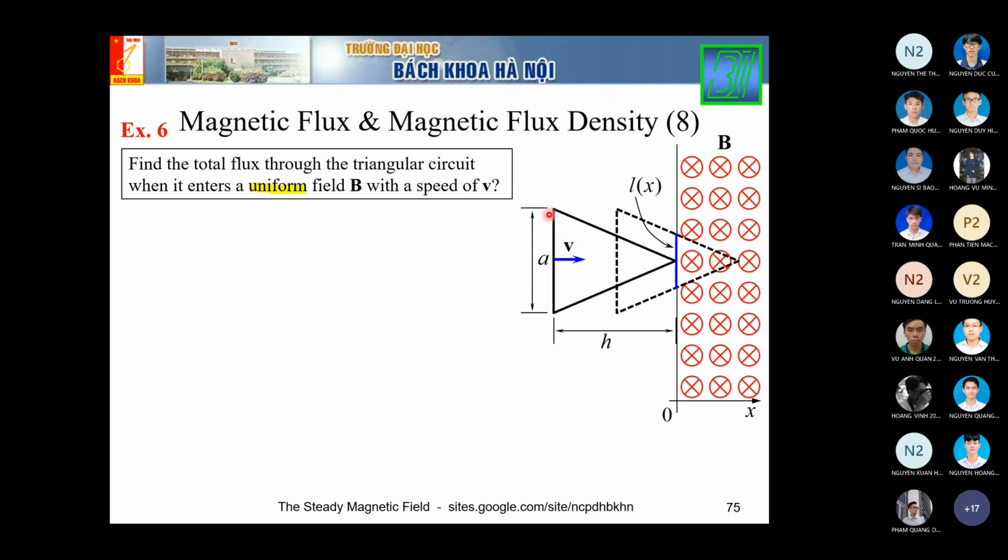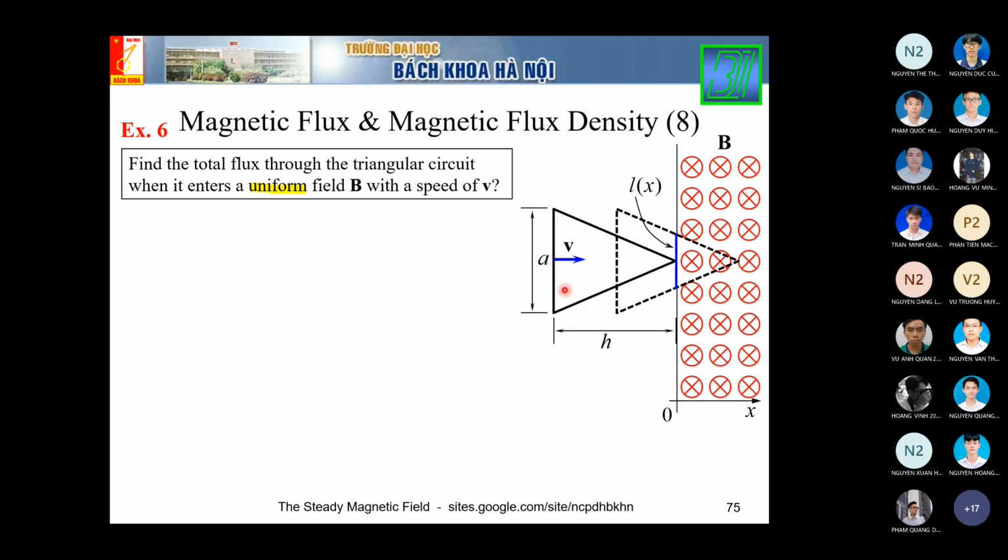And we can see that firstly, when the triangle frame is totally outside the field, there is no magnetic flux. But when it begins to enter the field, you can see that the region inside the field increases, and so the total magnetic flux will increase also.